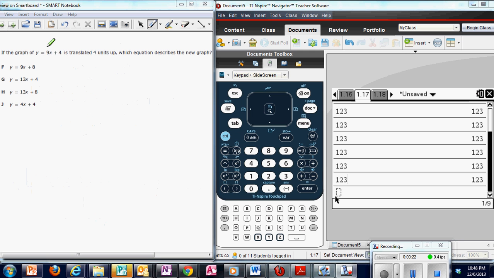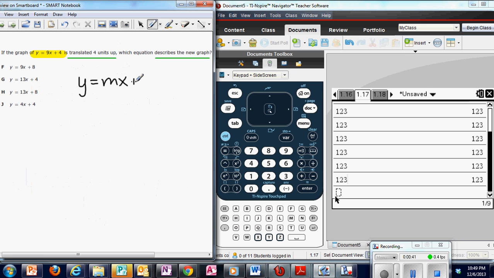So if a graph of the equation y equals 9x plus 4 is translated 4 units up, which equation describes the new graph? First of all, we need to be familiar with slope-intercept form of a linear equation.